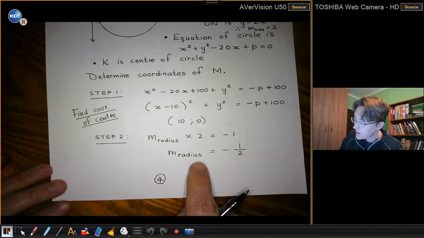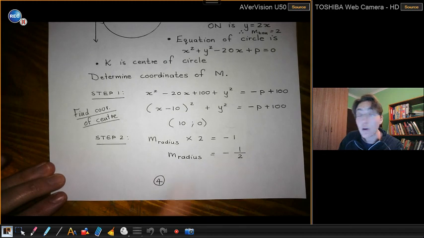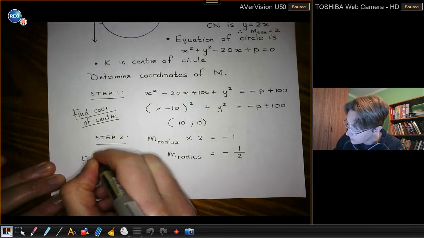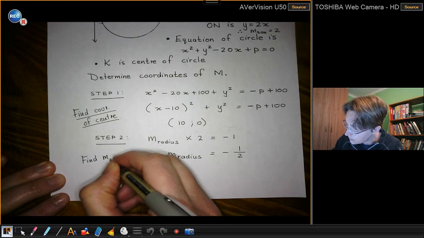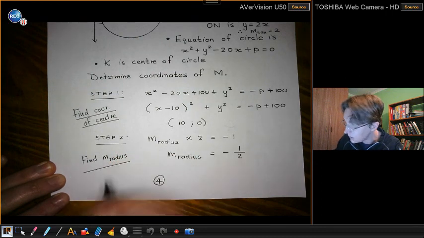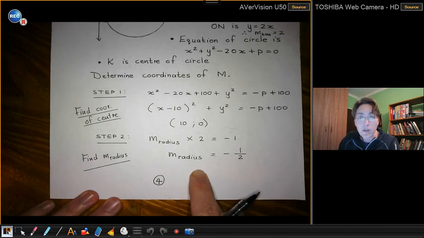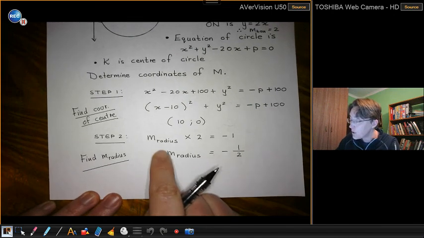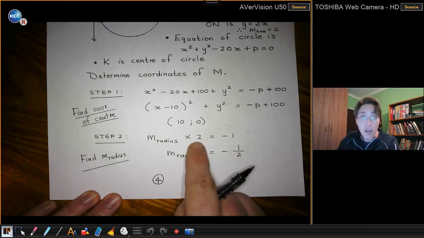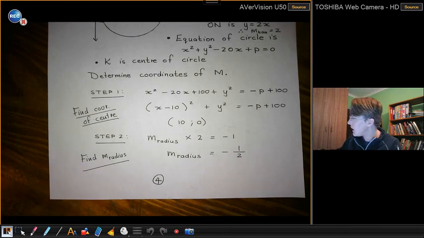Then we went and said, now find the gradient of the radius. And that we also did by just using that idea that the product between the gradient of the radius and the gradient of the tangent, which was given to you, is equal to -1.